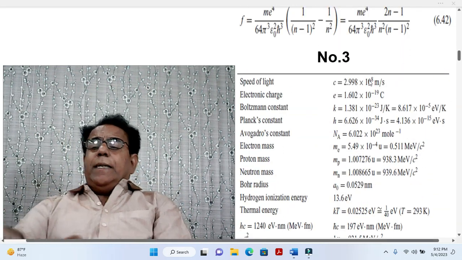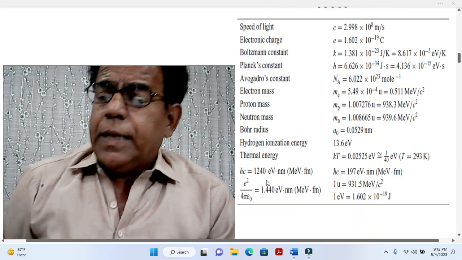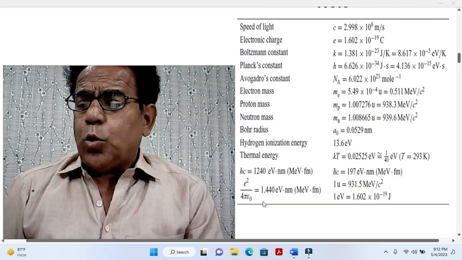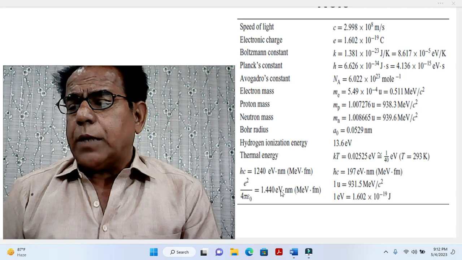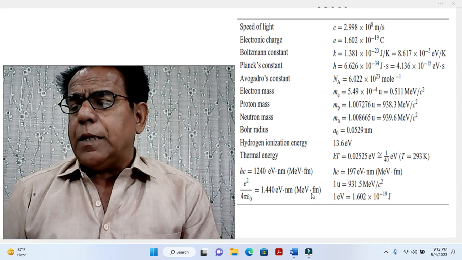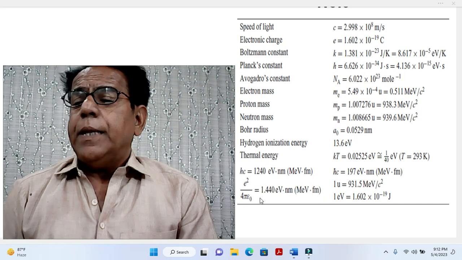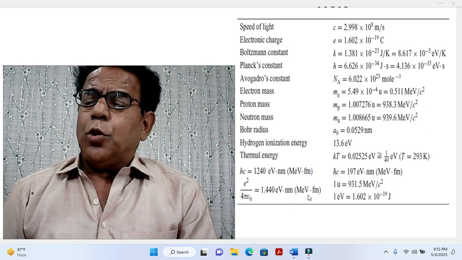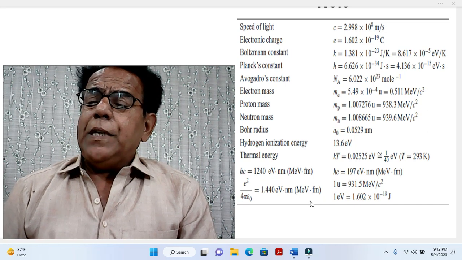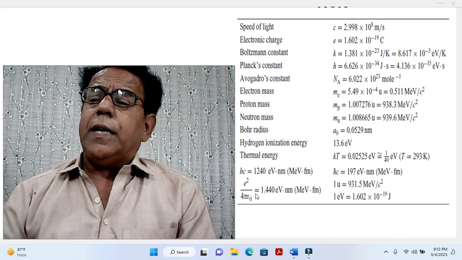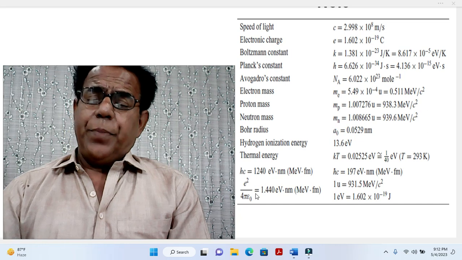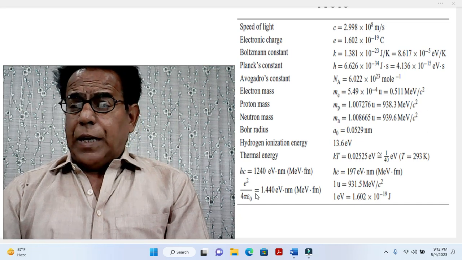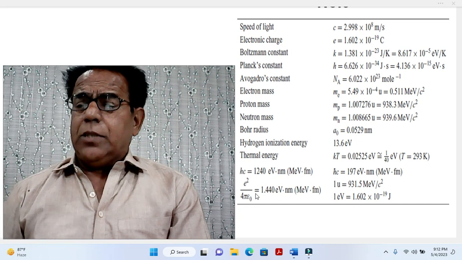Dear students, in this tool, this value, that is e square over 4 pi epsilon naught equal to 1.440 electron volt nanometer or million electron volt femtometer, this factor is very important, and we will try to convert both these two expressions in one way or the other into this form.